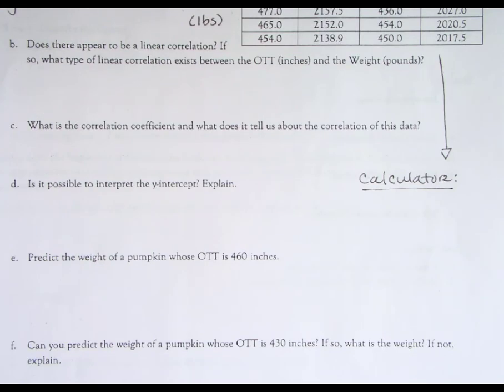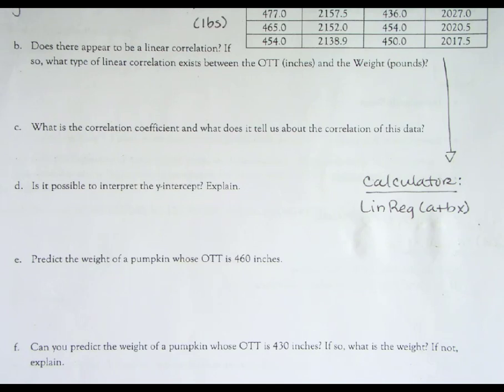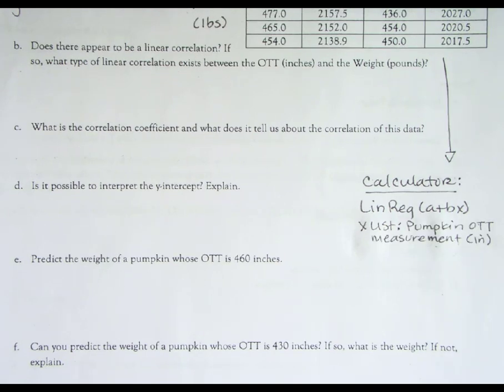Now I don't have much space up there in part A, so I'm going to use this space down here to denote the calculator feature I used to create that equation. I'm using the LinReg a plus bx feature. I then need to identify what is in my x list. This is the pumpkin OTT measurement in inches.